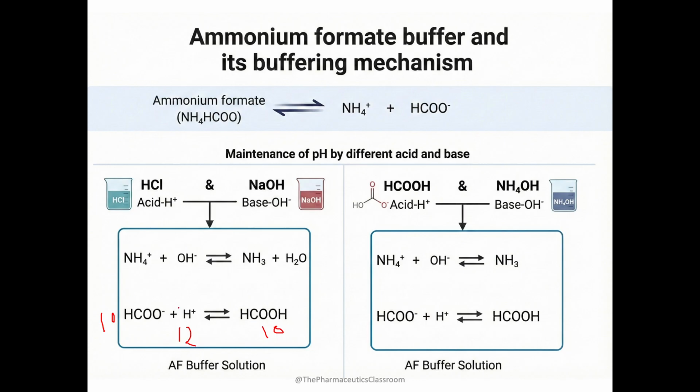The remaining 2 H plus ions will change the pH of the solution.